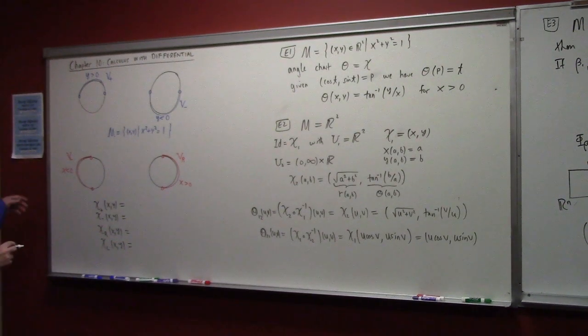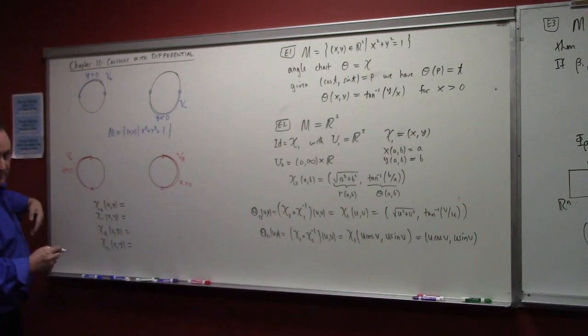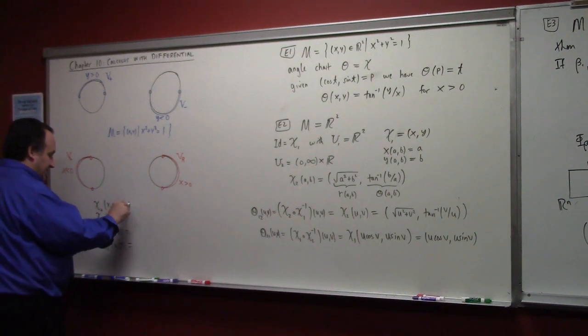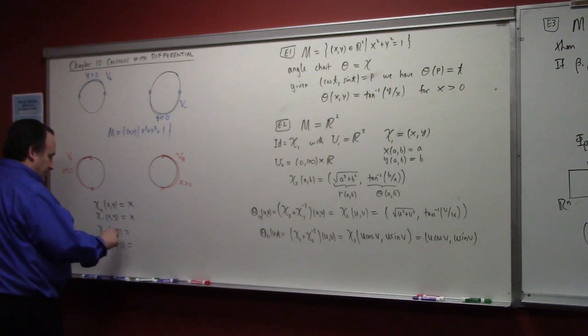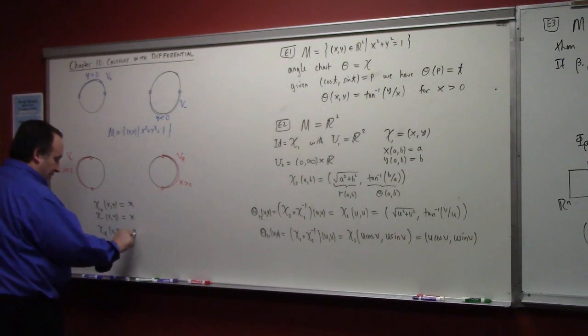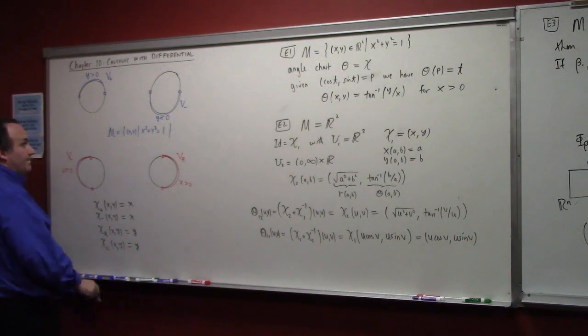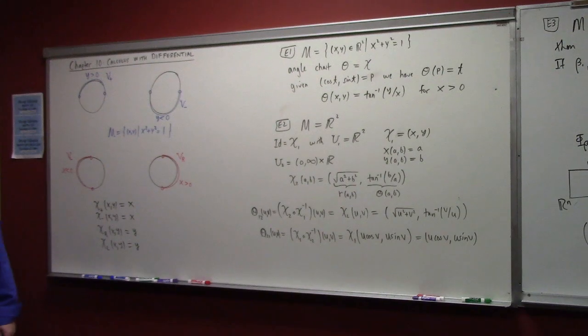And so what we do is we just project out the x. So plus and minus is defined to be x. And right and left we just define to be y. So they're just the projection maps onto the coordinate axes, right? And this gives us an atlas on the circle, which we can call the differentiable structure. And we can check that their transition functions are smooth.